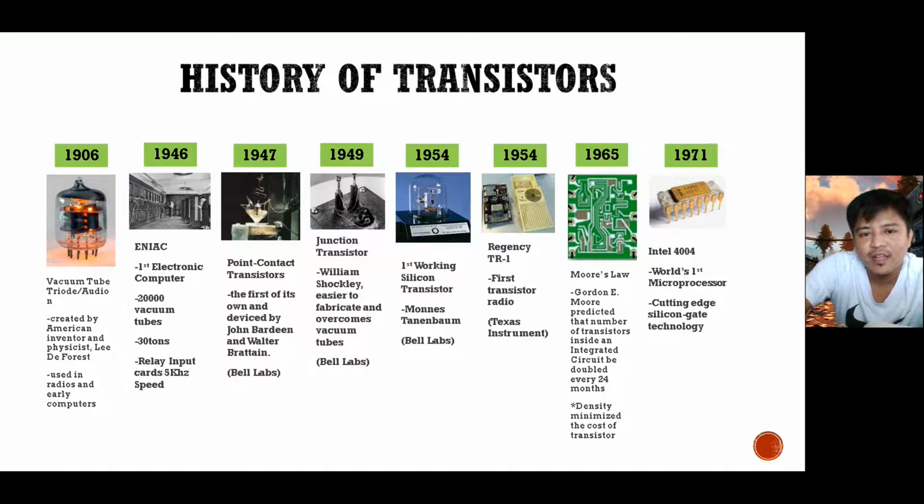The Intel 4004, the first microprocessor, included in its development cutting-edge silicon gate technology. What does that mean? Many transistors equals more processing power. It's just like that.